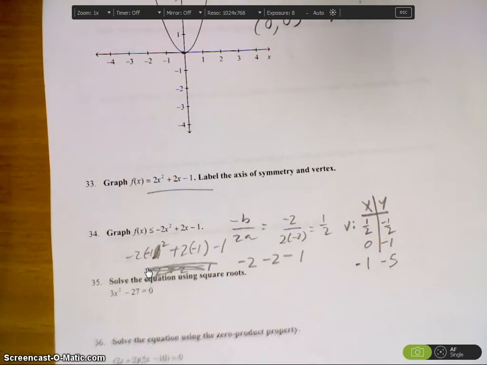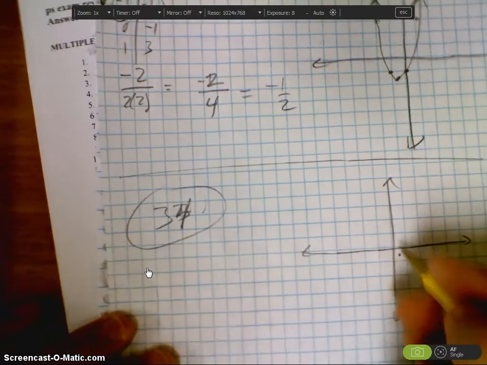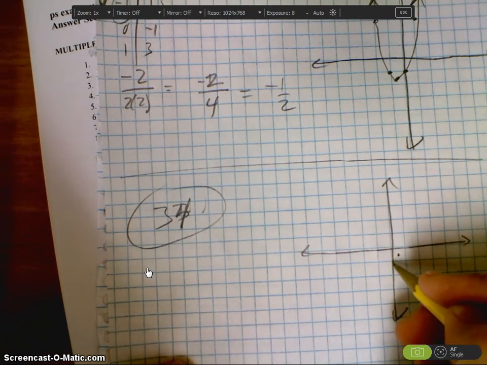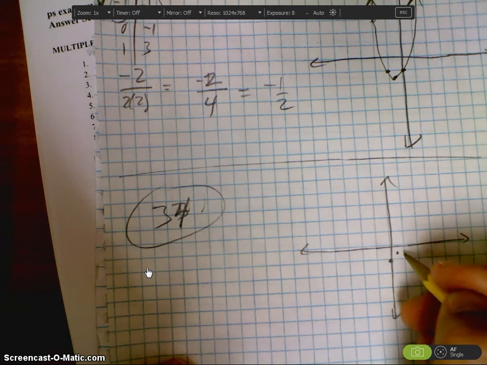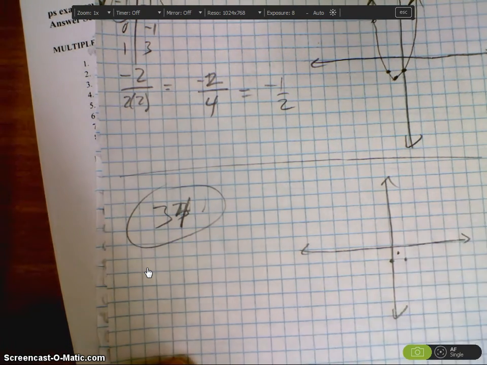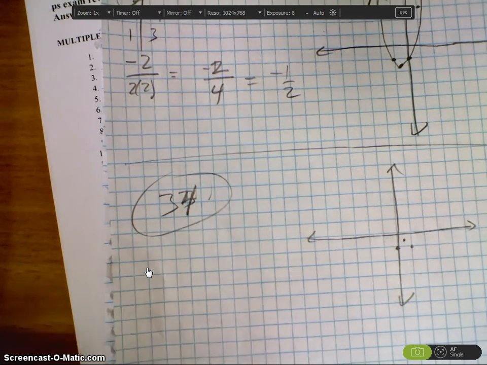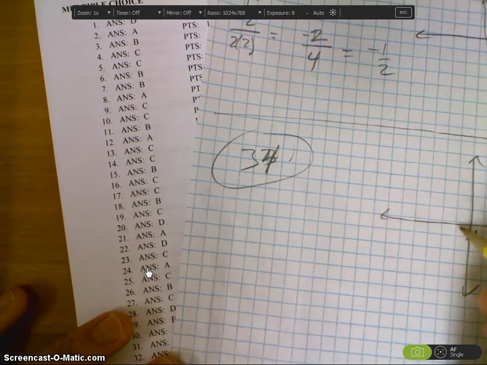There we go. All right, this is a good thing to show you. I picked 0 and got negative 1, so that puts me there. Then I accidentally chose 1 instead of negative 1, which put me there, the same distance away from the vertex. So I should have gotten the same answer, which I did. But when I pick the negative 1 value, I get negative 5.